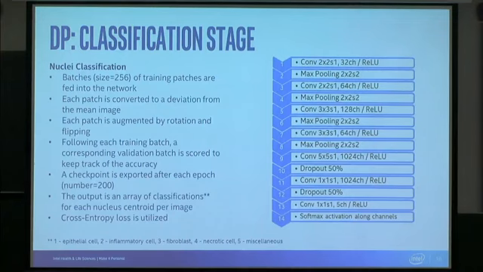There is an augmentation stage with flipping and rotation. Again, the patch is converted to a deviation from the mean image, which is our baseline. And we export everything, and we output again the classification, so basically the probabilities per pixel in this particular patch.